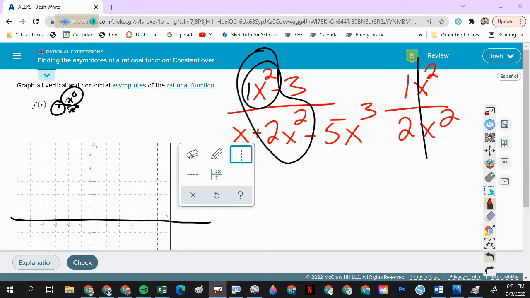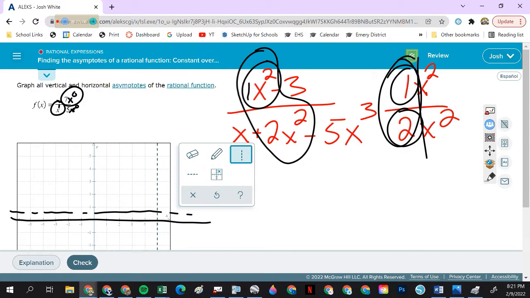The x's are going to cross off, and I'm left with the number 1/2. That means that the horizontal asymptote is y = 1/2. So if the bottom is stronger than the top, the HA is at 0. If the top and the bottom have the same strength, then we just look at the numbers in front of those and divide them, and that gives us our HA.